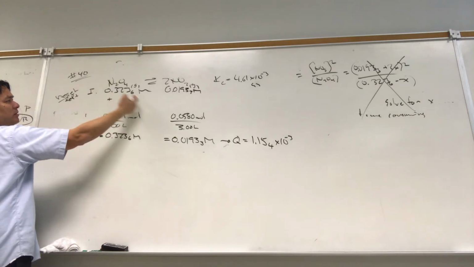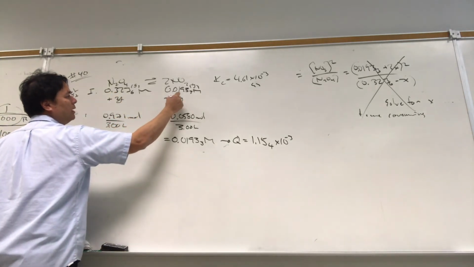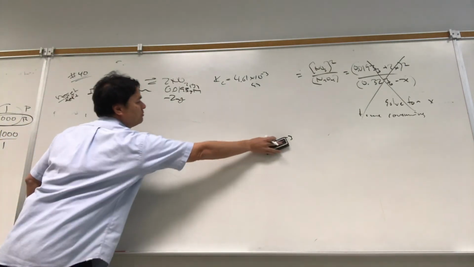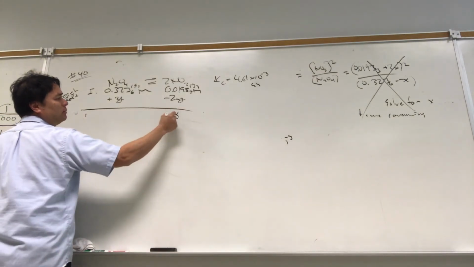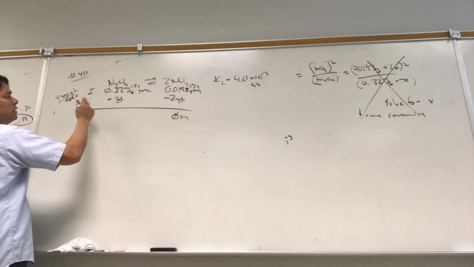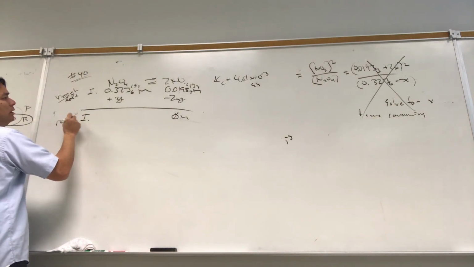I'm going to move everything to the left. So this is plus y, this is minus 2y. I have to watch out for limiting reagents. In this case, there's no limiting reagent. So I'm going to lose all of this, and move all the atoms over here. The new initials, the reset initials, are going to be this.